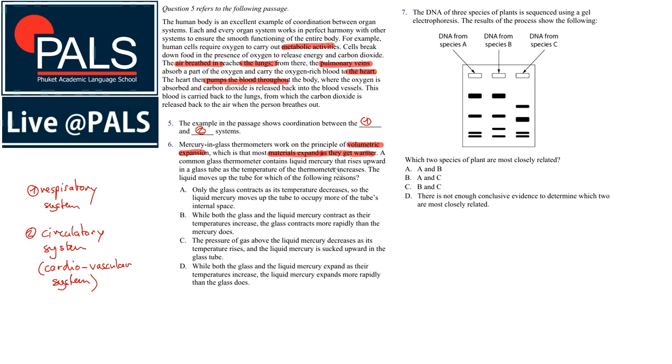As temperature increases, materials expand. Contracting is the opposite of expanding, so contracting with a rise in temperature is a contradiction. The option that the pressure of gas above the liquid mercury decreases as its temperature rises is a contradiction as well. Usually the pressure of a gas increases as temperature rises.